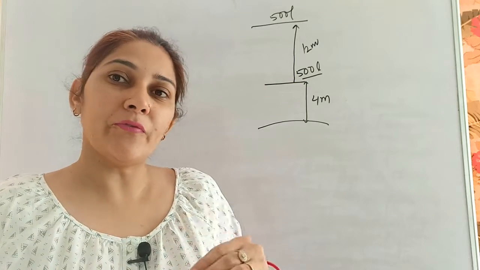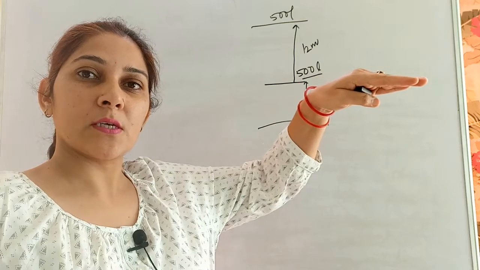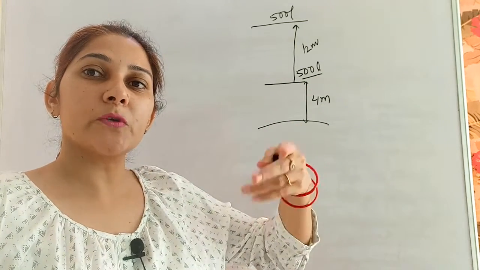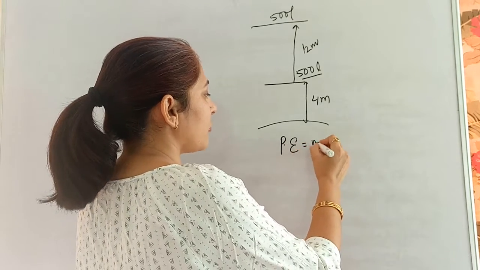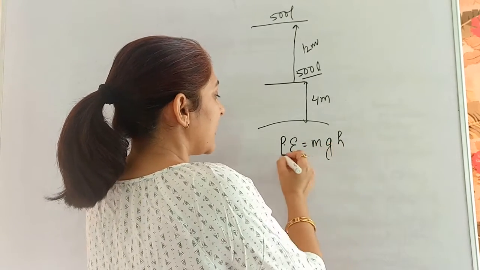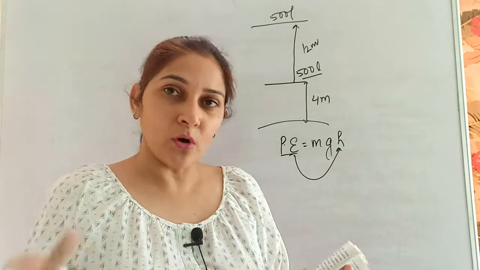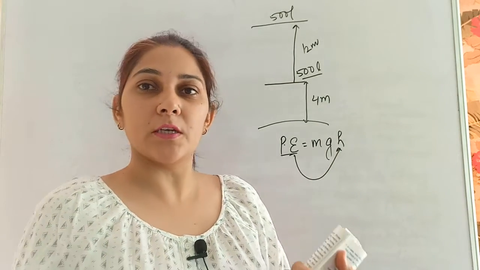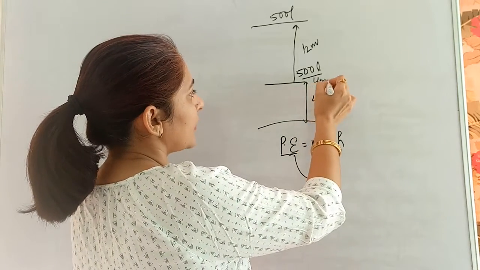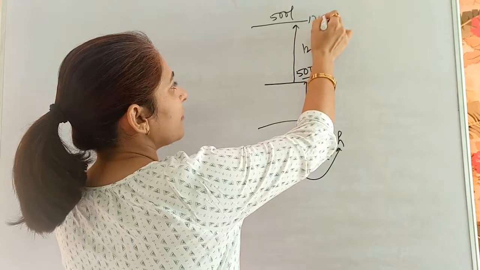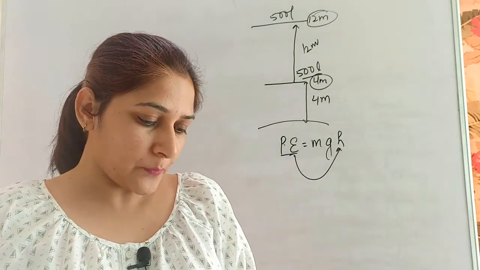As I told you, when we are increasing the height of an object from the earth's surface, the potential energy keeps on increasing, because we are aware that potential energy is given by the formula m into g into h. That means potential energy is directly dependent on height. More will be the height, more will be the potential energy. So initially the water is at 4 meters, then it is taken to 12 meters. That means there is an increase in potential energy, right?